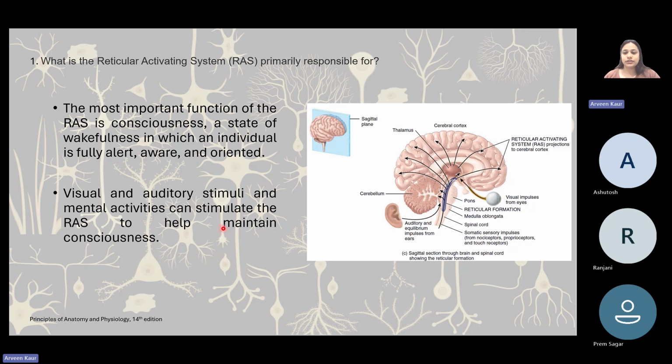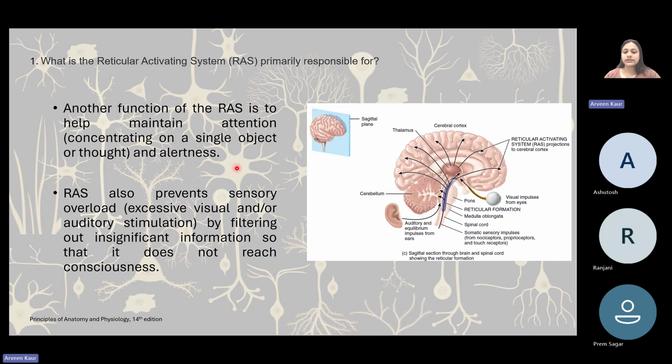We had discussed all this in the previous session as well. Another function of RAS other than consciousness itself is to help maintain attention and alertness. Altogether, it is responsible for alertness, attention, and consciousness.